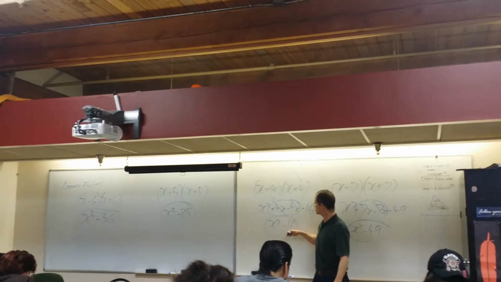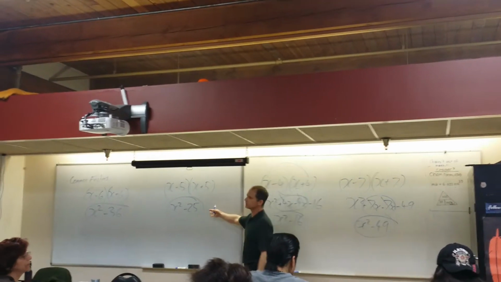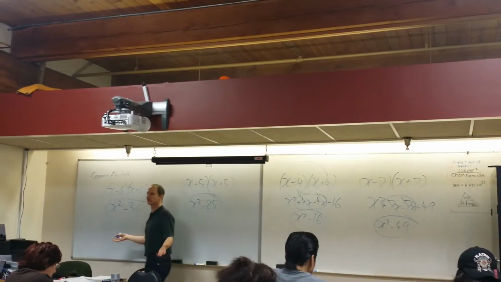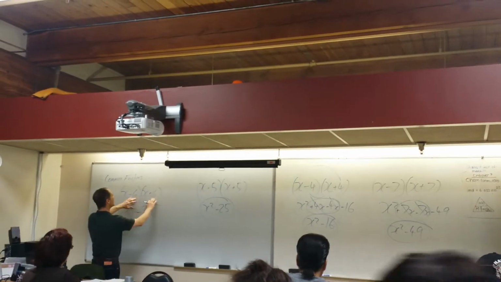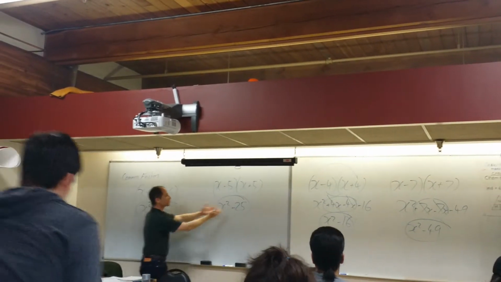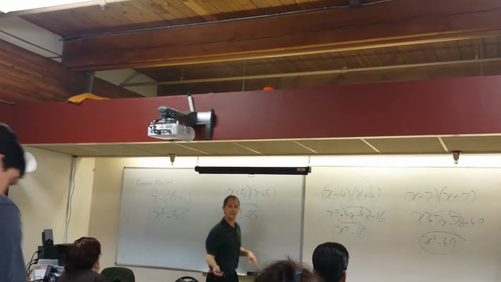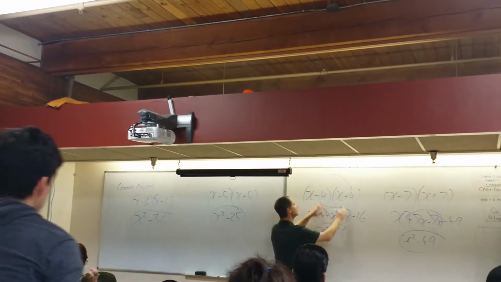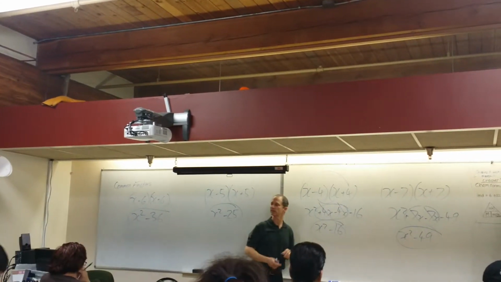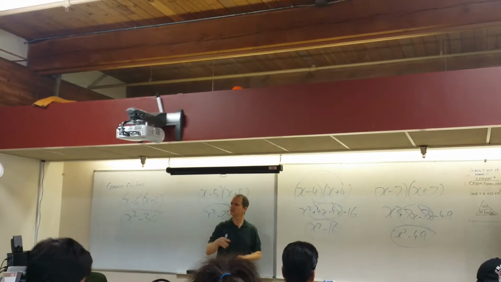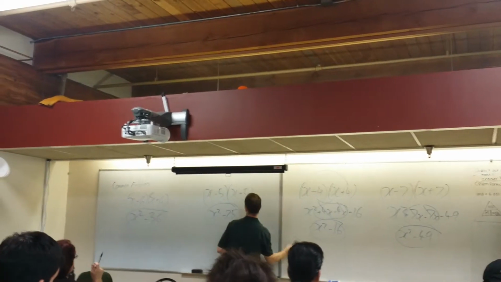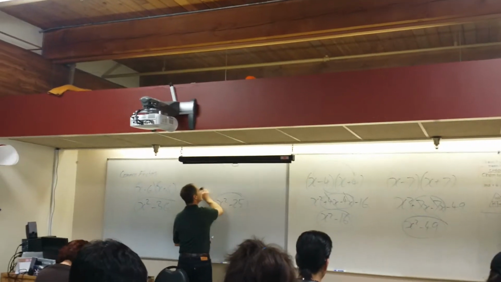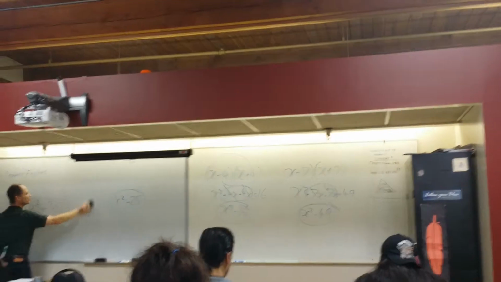What are these numbers? What makes these numbers special? They're square numbers. Square numbers break down into the same thing times itself. So, can we do this in reverse?